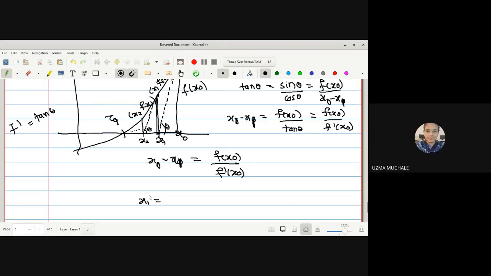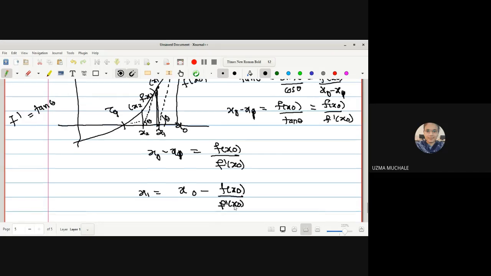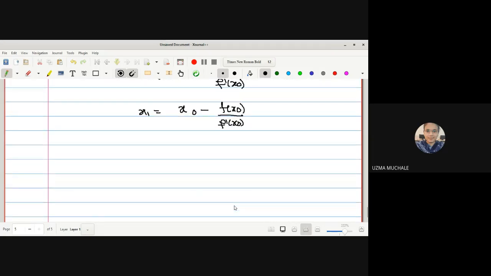Correct. So it is x0 minus x1. So we can write x1 is equal to x0 minus f of x0 divided by f dash of x0. So in this way we have found the first approximation, that is x1.